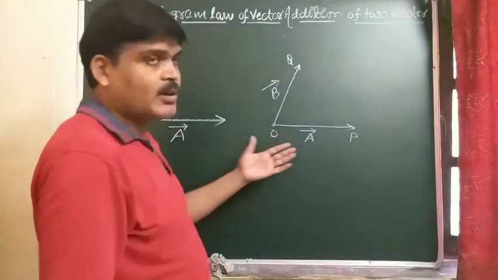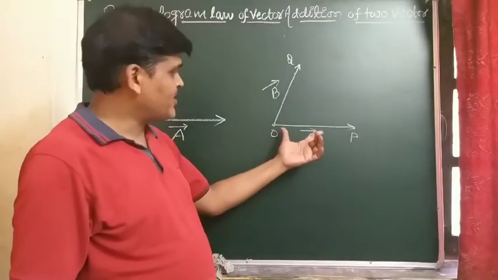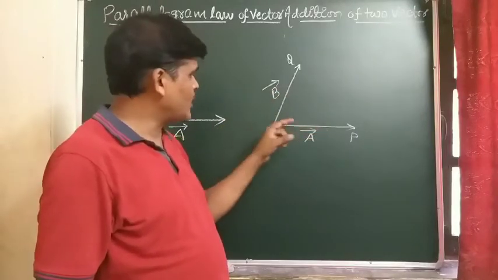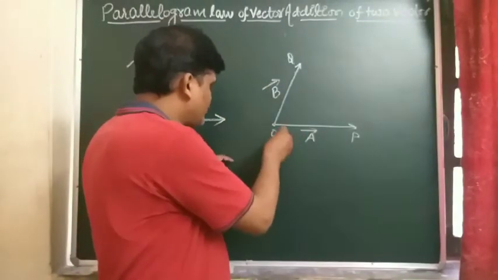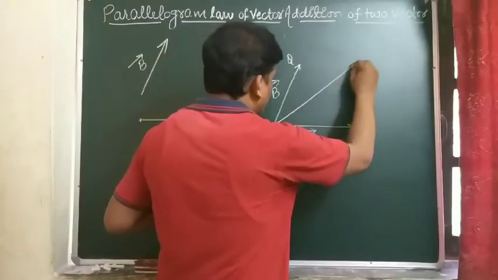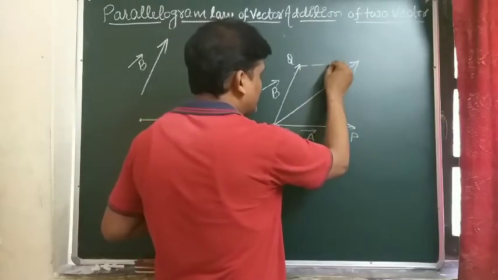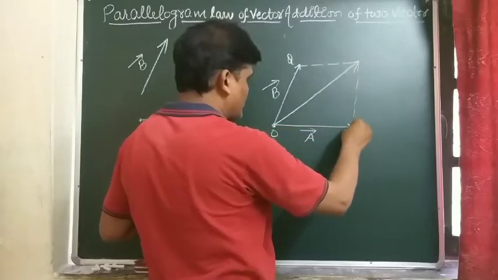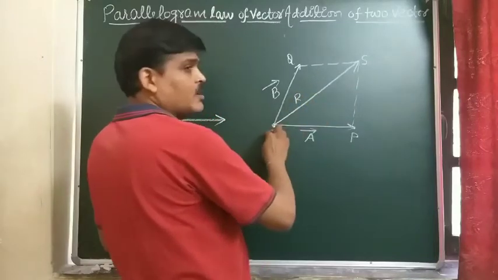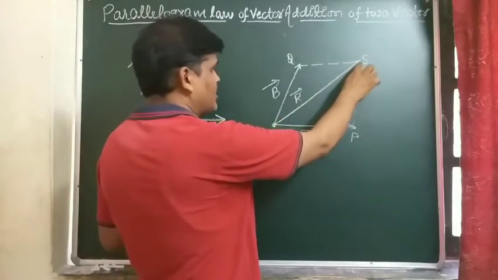So according to the definition of this law, if two vectors can be represented both in magnitude and direction by two adjacent sides of a parallelogram drawn from a common point, then their resultant can be represented completely both in magnitude and direction by the diagonal of the parallelogram. Students, the resultant vector R is represented by the diagonal of the parallelogram, that is the OS vector.